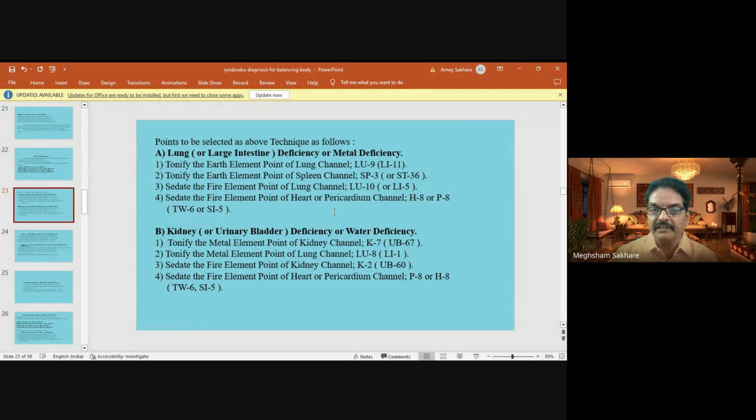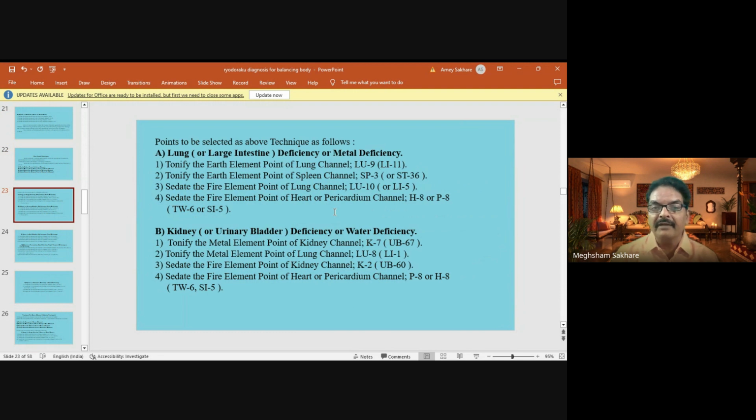Now points to be selected as per above rule. Lung or large intestine deficiency means tonifying treatment. Tonify the earth point of lung channel, that is lung 9 or LI11. Tonify the earth element point of the spleen channel, SP3 or stomach 36.